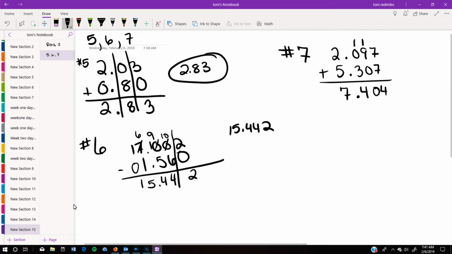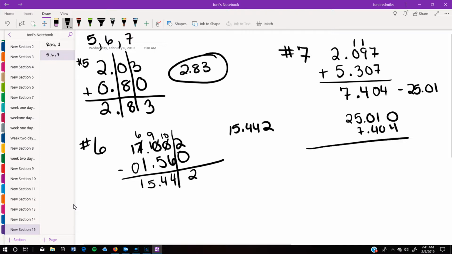Now I got to subtract, and I threw in one that's going to be negative. So this is my problem now. All right, so I got to tell myself the bigger absolute value number is the 25.01. So I know my answer is going to be negative. Signs are different, so I subtract.